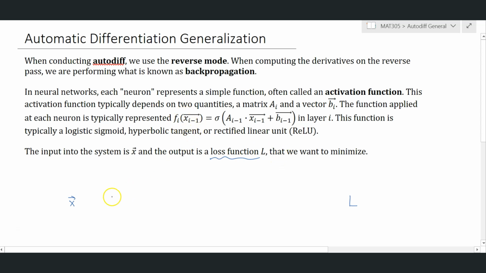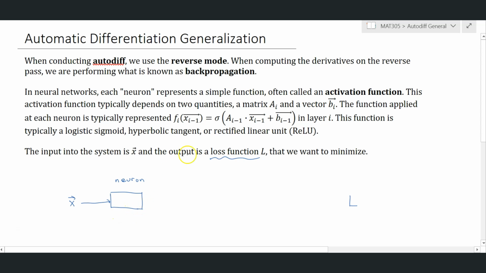Now, each of these, what we'll refer to as neurons, is where the data is going to pass through. I'm just looking at a very simple case of this. This is going to represent a single neuron, and you think about the brain, it's sort of a brain in and of itself.